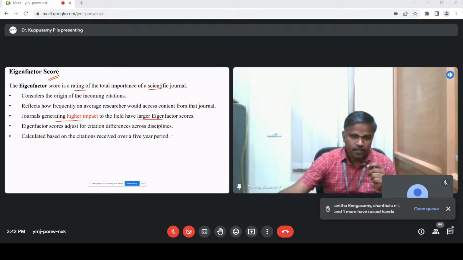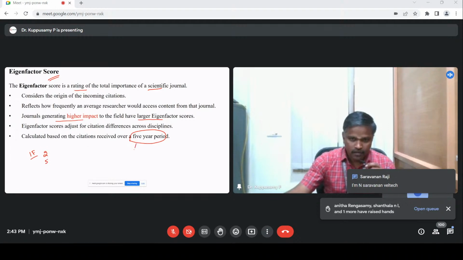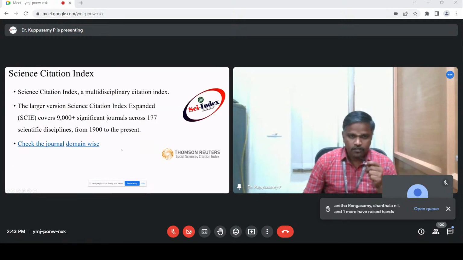Mostly we won't use it, but if you want to know, you can check it out. This takes a 5-year period of citations. In the previous one, for impact factor, we used 2 years and 5 years separately, whereas here the eigenfactor score is only about 5-year citation scores of a particular journal.